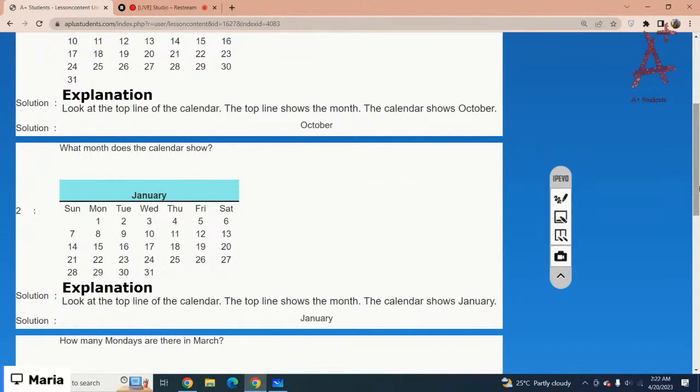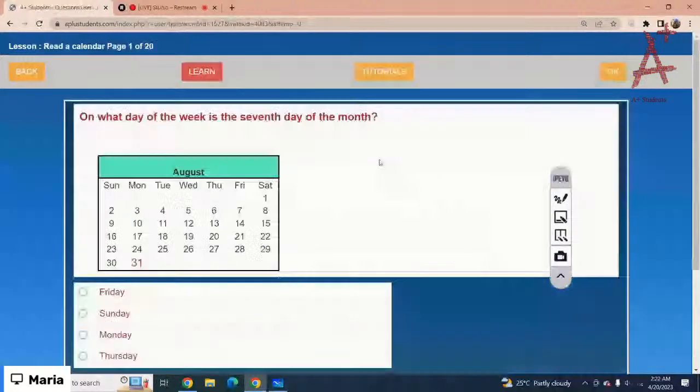It would be January. Got it? You can see the top line here, the name of the month is mentioned. So that calendar is from January. Got it? Let's just start with the test questions.